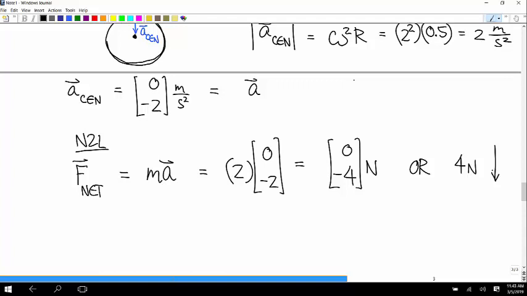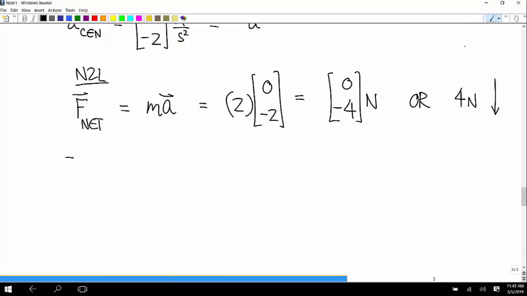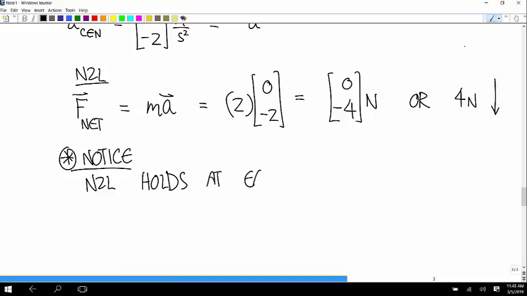You know, that doesn't say that there aren't forces pushing to the side and pushing up and all these different things. It's just saying that once you add up all these different forces in all these different directions, they come out to 4. Okay, and notice that Newton's second law holds each instant.